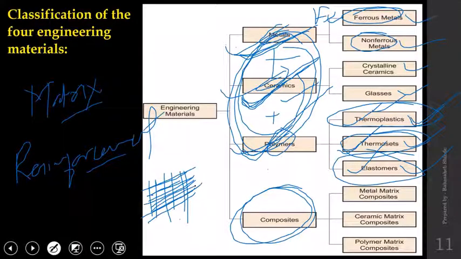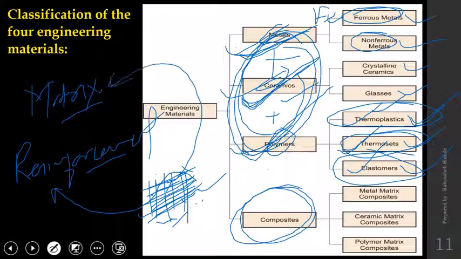The slab has two major components. The first is metal bars, and the other is mortar, a combination of sand, cement and so on. The metal bars are the reinforcement, and the mortar is the matrix.